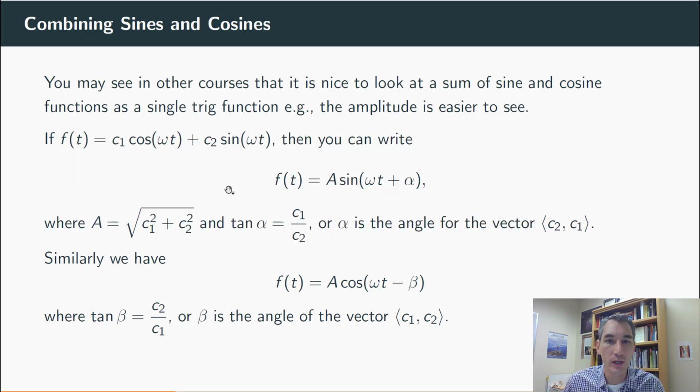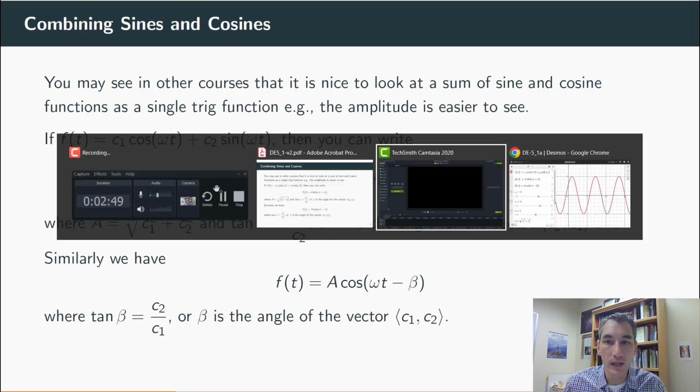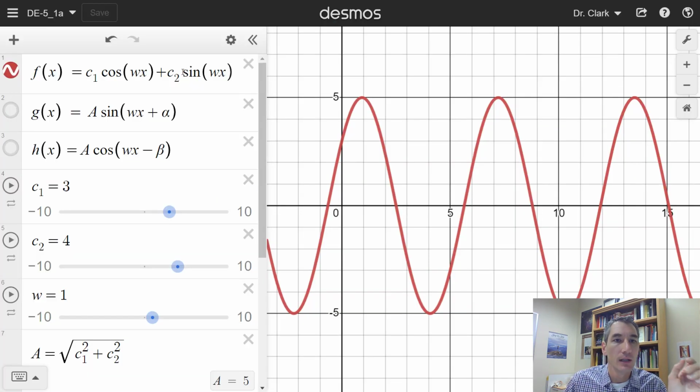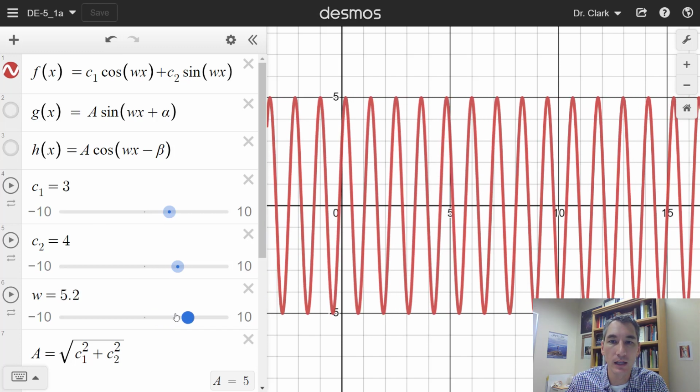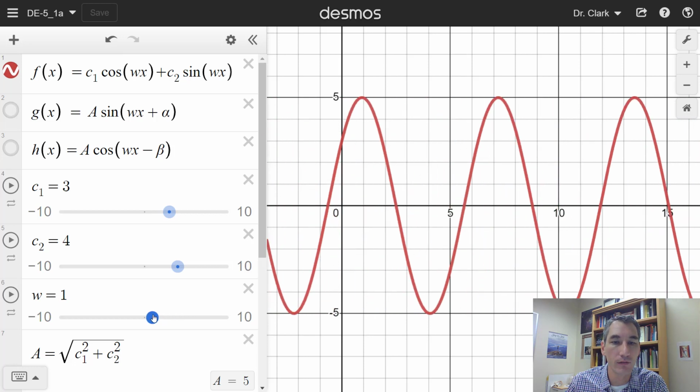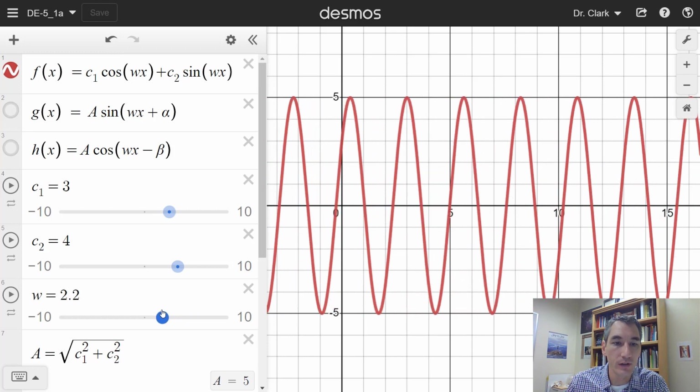Let me quickly show you what we have here in Desmos, and then you'll see what I'm talking about. The red graph here is C1 cosine plus C2 sine. If I change the frequency, or W here, I can increase or decrease the period and the frequency.